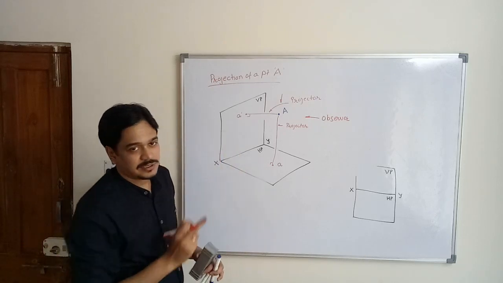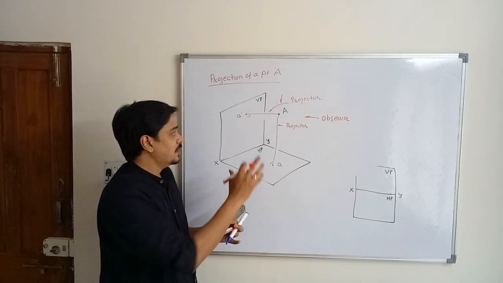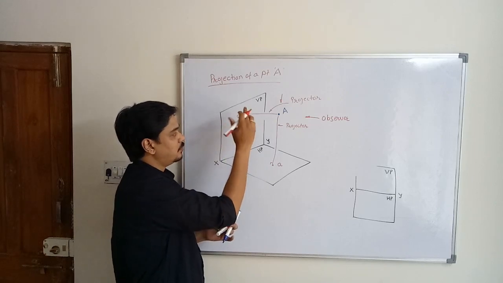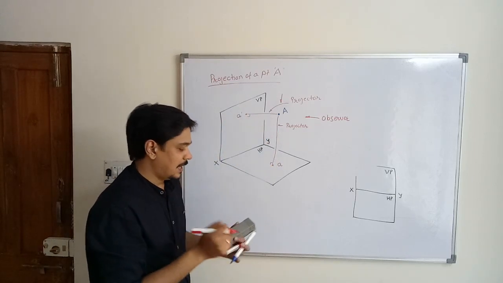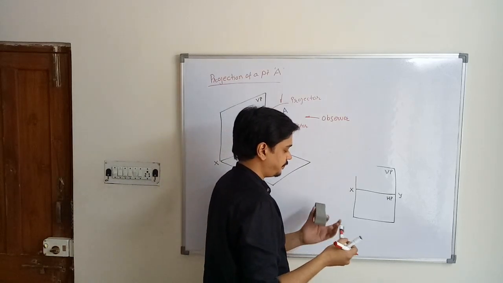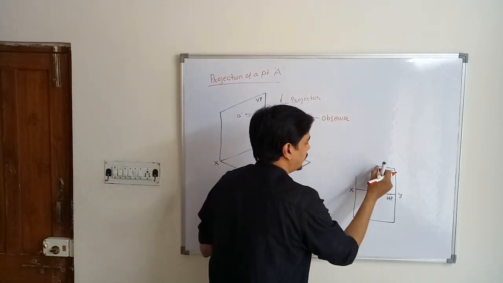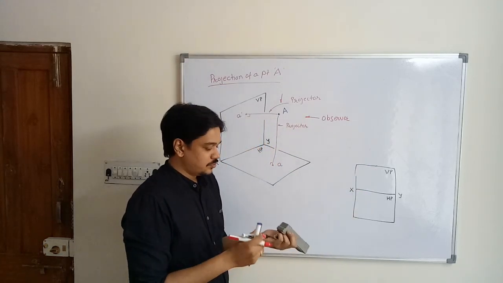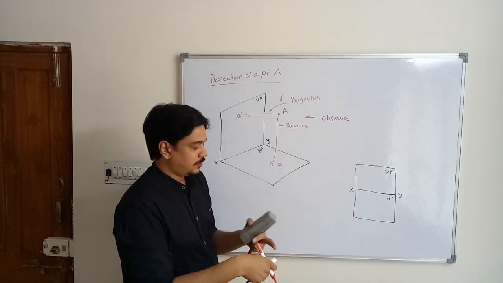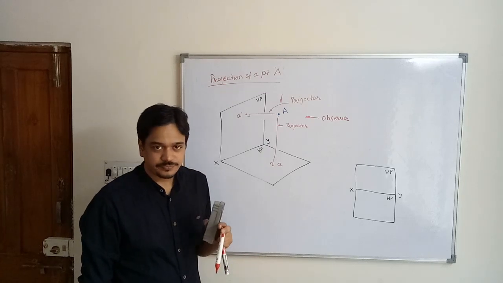Now this projection is in 3 dimensions, so you have to bring this projection of shadows onto one paper, as we have discussed over here already. So you have a vertical plane over here, and you want to locate the projection of a point.